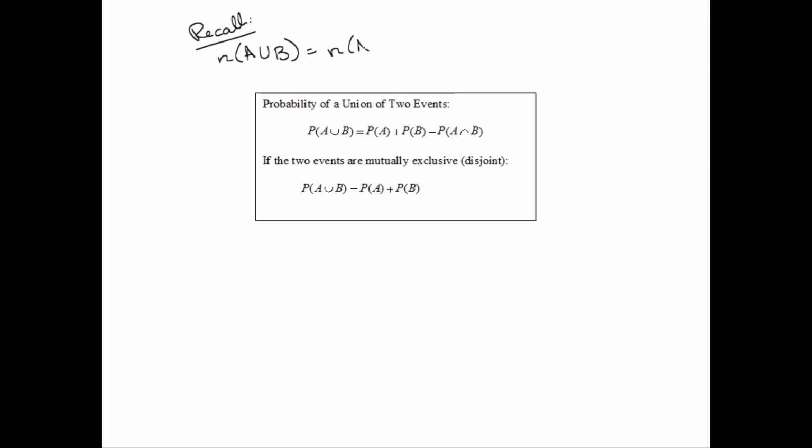Well, it was equal to the number in A plus the number in B, and then we had to subtract the ones that were the intersection because they had been included in both, so they'd been counted twice. Works for probabilities also. Hang on, we should have a plus sign in here.